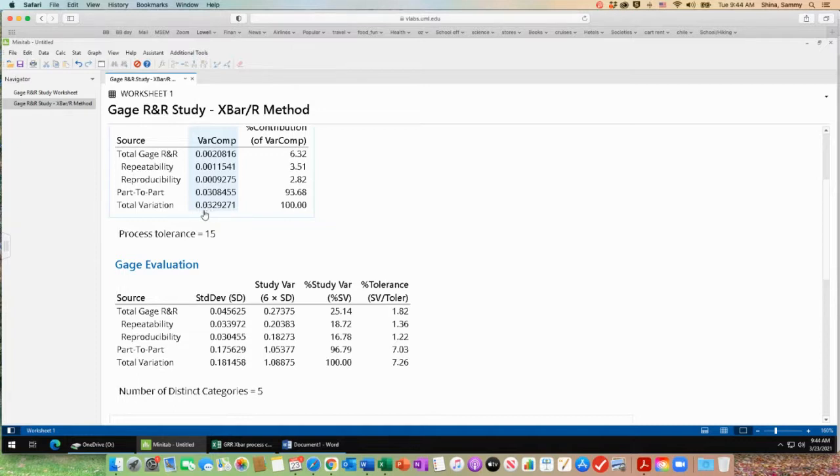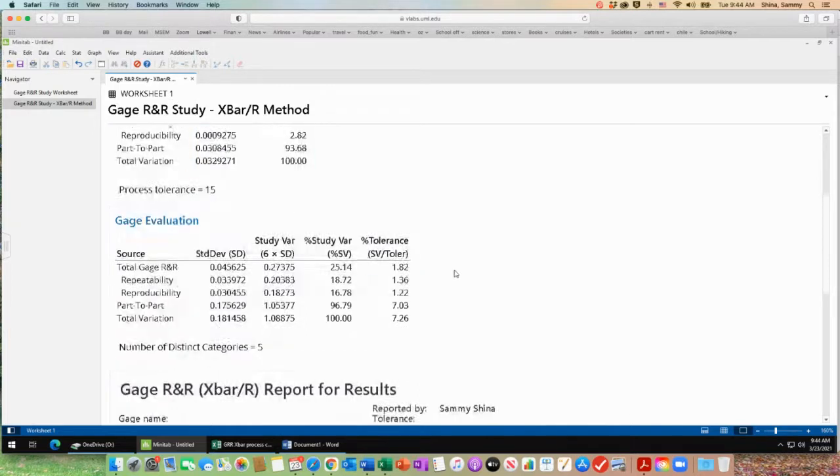Okay, so it's essentially variation component. It's just the square of the standard deviation, and then it gives you a percentage. I don't know why they did that, just to kind of give you more data.